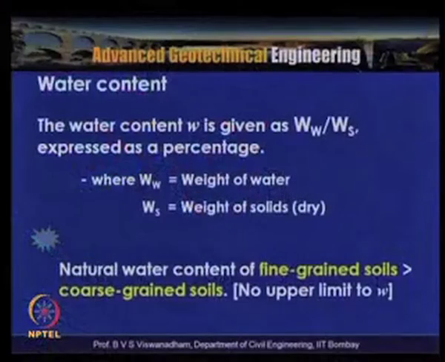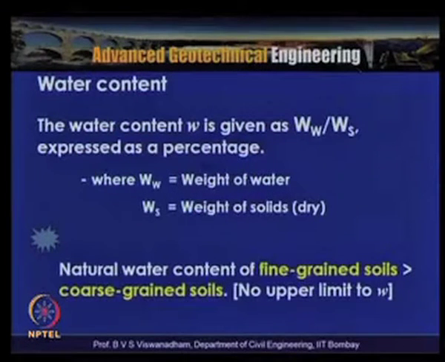Now, another definition which is called water content, which is very important. The water content of a soil is defined as the weight of water to the weight of the solids, expressed as a percentage. So, Ww is nothing but the weight of water, and Ws is the weight of the solids in dry state. The natural water content of fine grained soils is greater than coarse grained soils, and there is no upper limit for the water content.